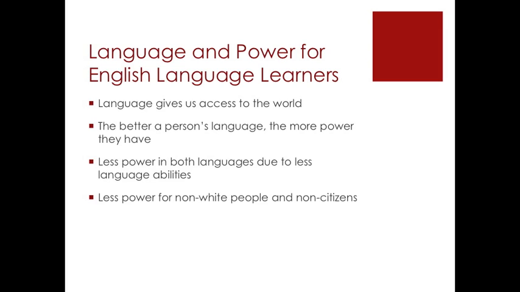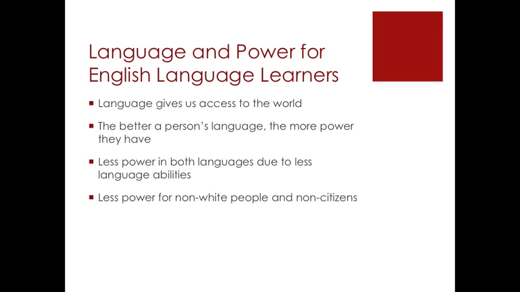Language gives us access to the world, and their ability to speak two languages will open the world up to them even more. The better a person's language, the more power they have. We're more likely to put our trust and our faith in someone who is eloquent and clear rather than someone who is bumbling and unsure of themselves.